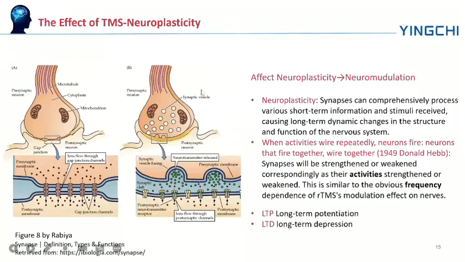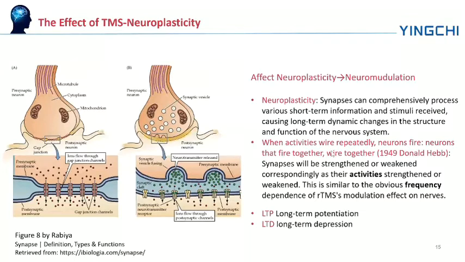So this is a synapse, and a synapse can comprehensively process various short-term information and stimuli received, causing long-term dynamic changes in the structure and function of the nervous system. It is mainly manifested as LTP, long-term potentiation, and LTD, long-term depression.